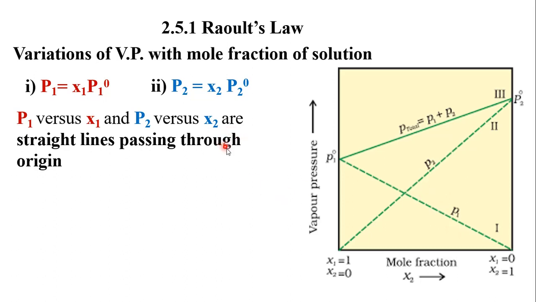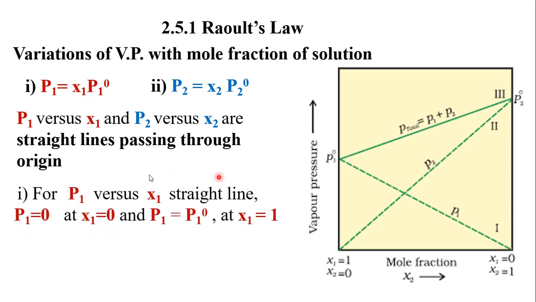Both these graphs are straight lines passing through the origin. How that happens, I will explain. See here, when x1 is equal to 0, that is, the mole fraction of component A1 is equal to 0.